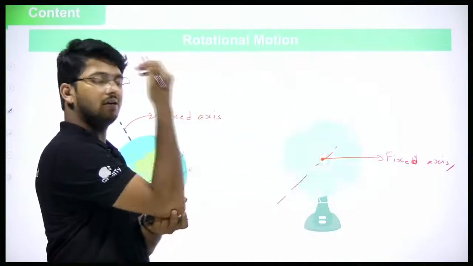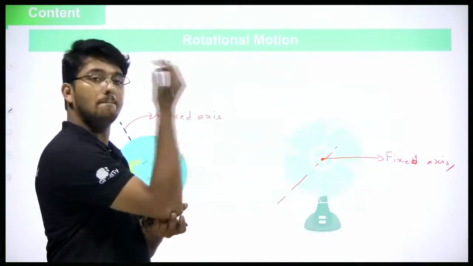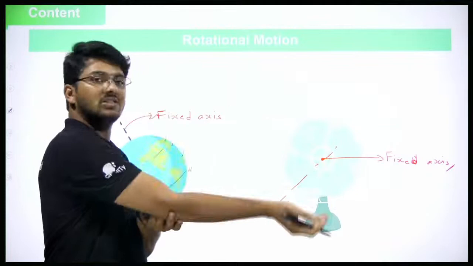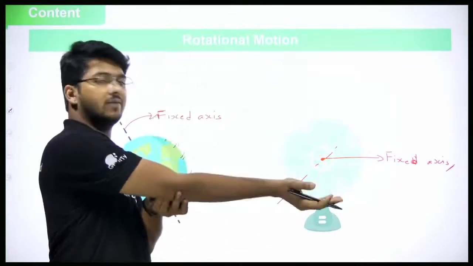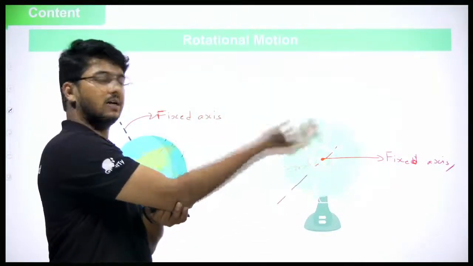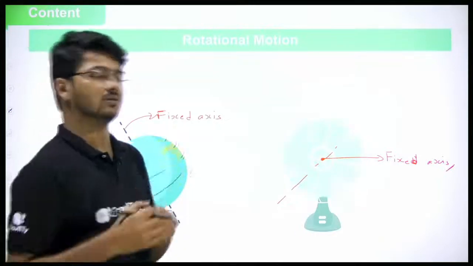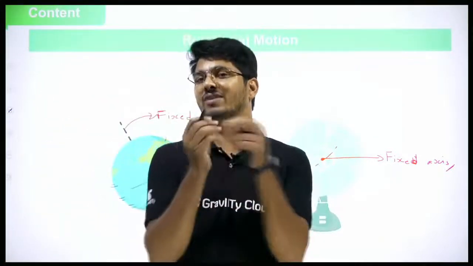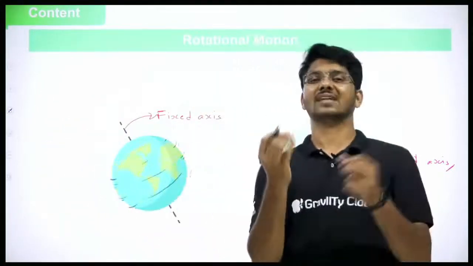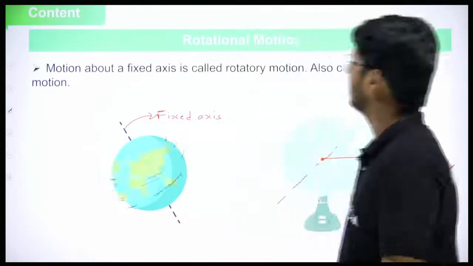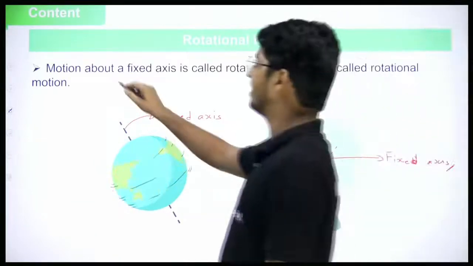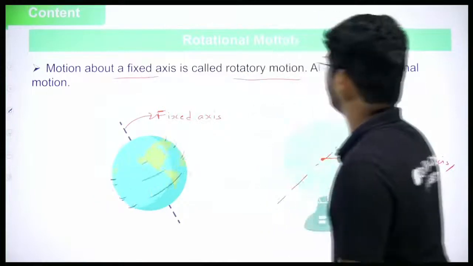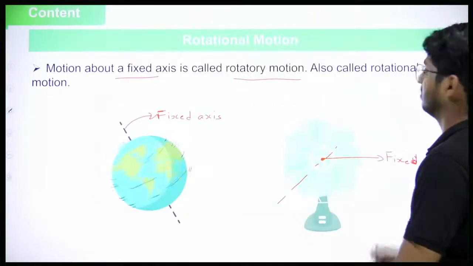Yes, near my elbow it is fixed. Everything else is moving. So in rotation, the specialty is that it has a fixed point, a fixed axis. Motion about a fixed axis is called rotatory motion or rotational motion.